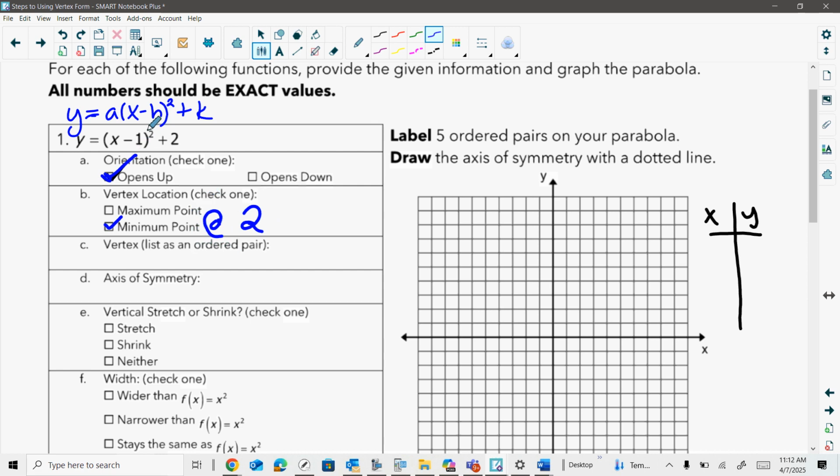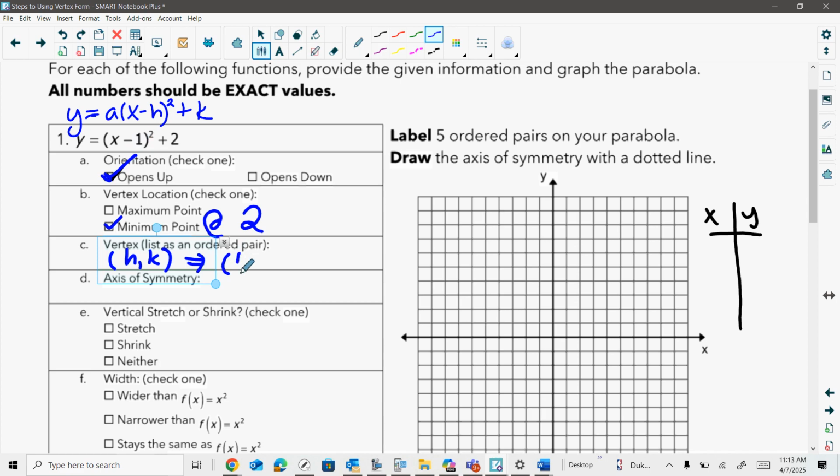All right. Remember, to do the vertex, this is when we're doing h, comma, k. The h has to be opposite the sign. So what is the h value here? +1, not -1, right?